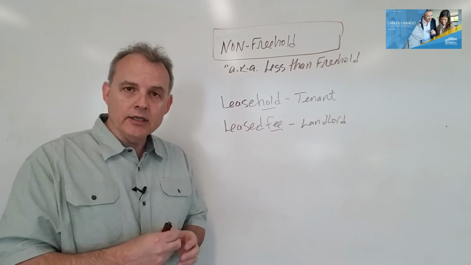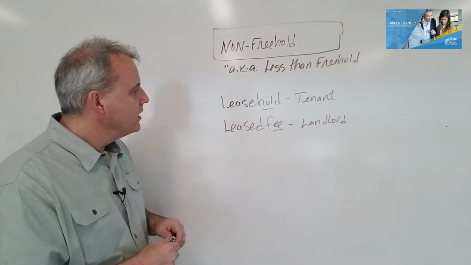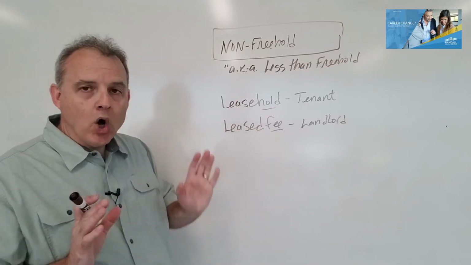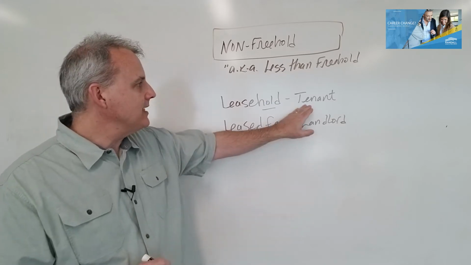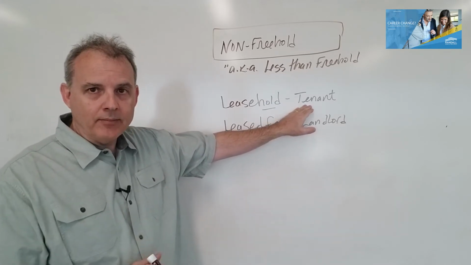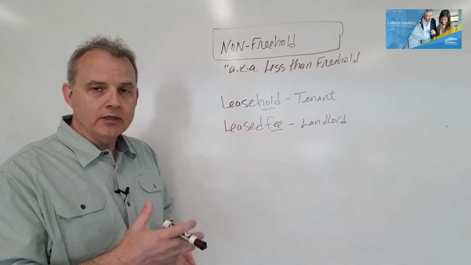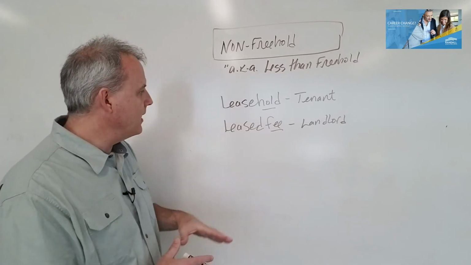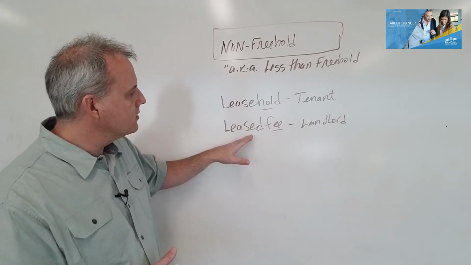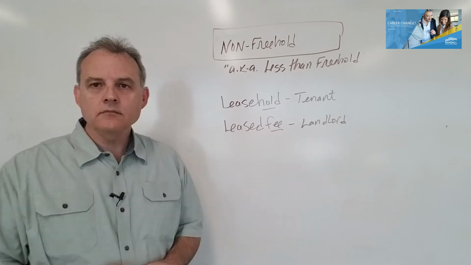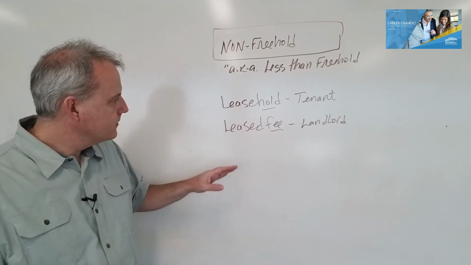And we have to call it something, the legal interest. So, the leasehold interest is the tenant's legal interest in the property, because they do have the legal right of possession and the quiet enjoyment and the things that go along with that. But the owner still owns it, so he has the leased fee. Here's how I used to remember this.